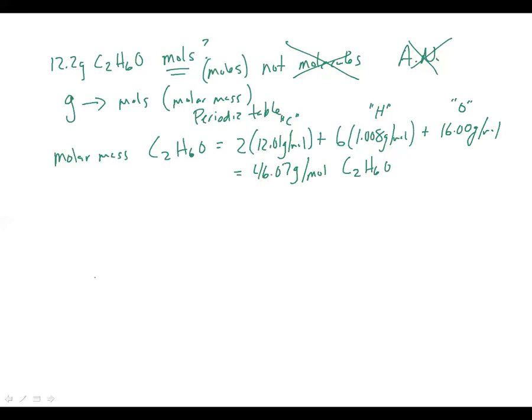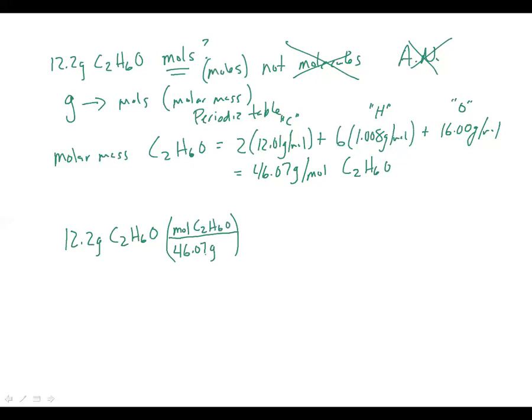So starting with our grams, 12.2 grams of C2H6O, using our molar mass as a conversion factor. Since grams are on top, we want the grams on the bottom. Again, the number always stays with the grams part. It's always 1 mole.